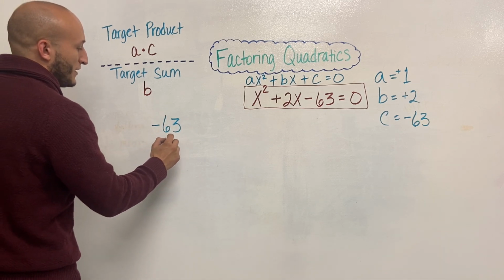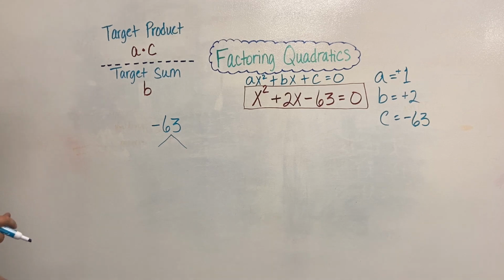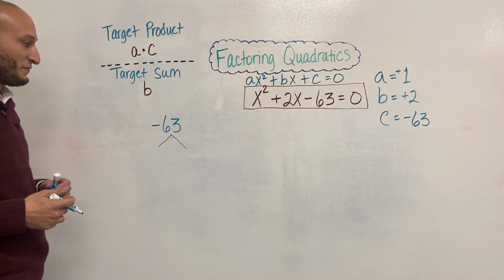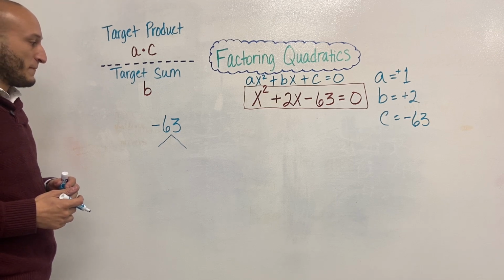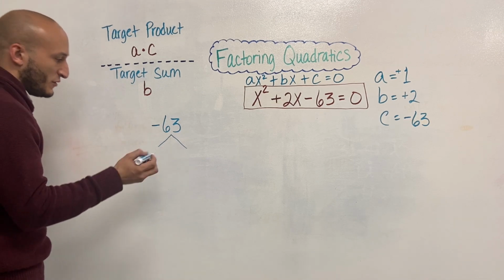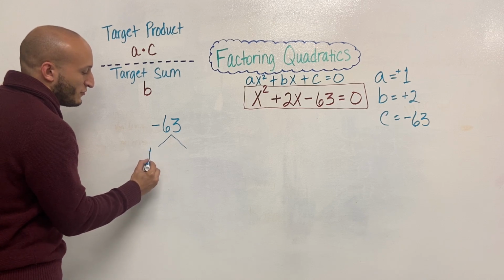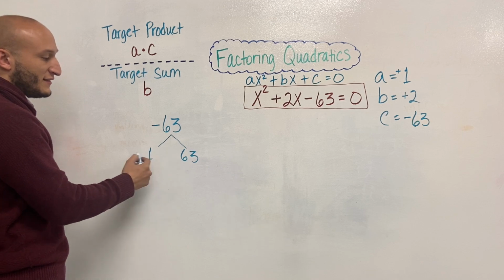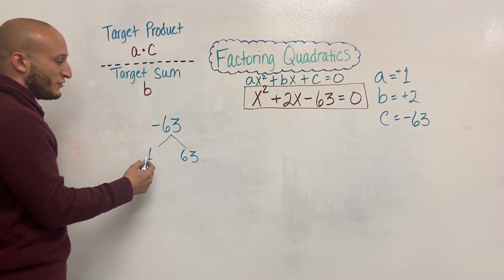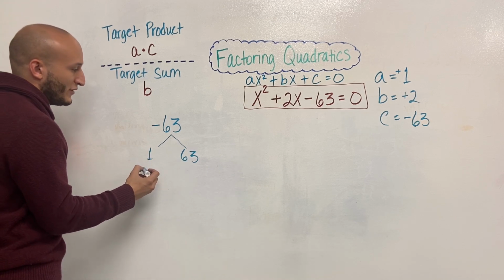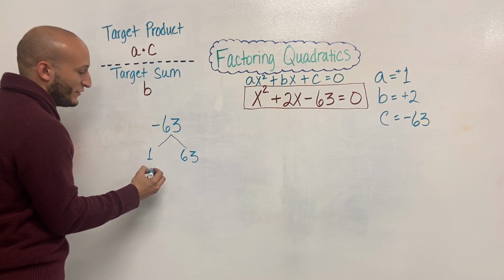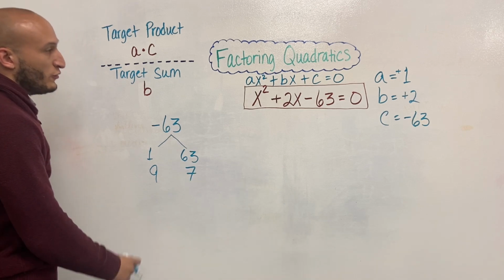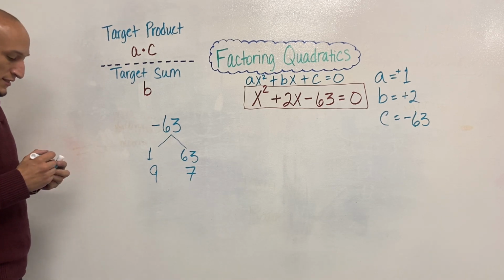I'm going to list the factors of 63. Of course, you have 1 and 63, and we'll worry about the signs later. The only other pair I can remember is 9 times 7, which will work here.